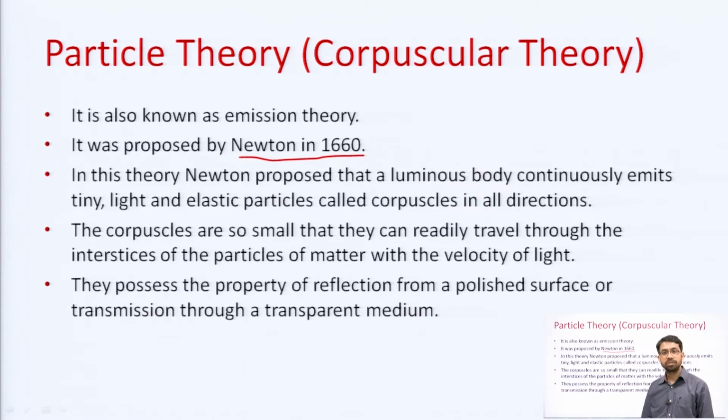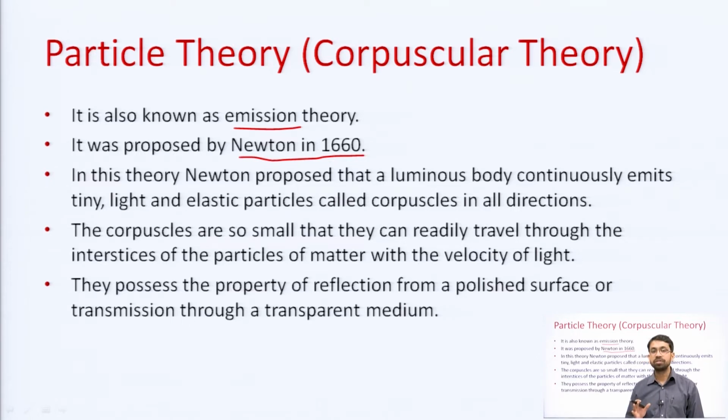Almost about 3.5 centuries back, 360 years back, Newton proposed a theory to explain what is light. It is also known as emission theory. Why? We will soon understand this. In this theory, Newton proposed that a luminous body continuously emits very small, very lightweight and very elastic particles in all the directions.